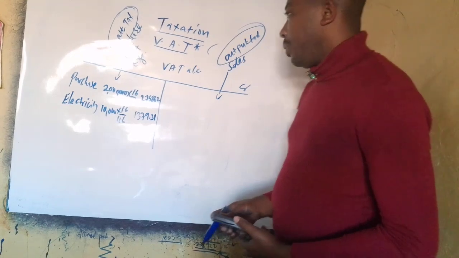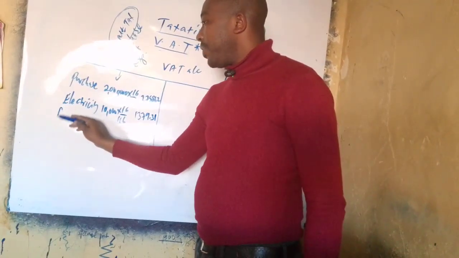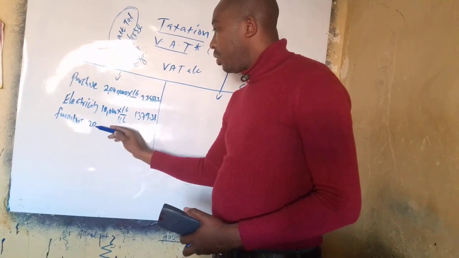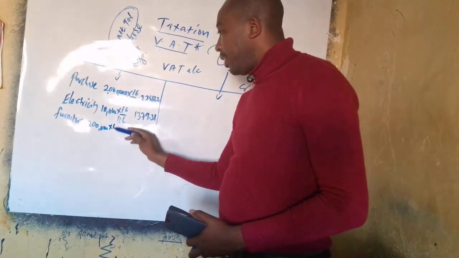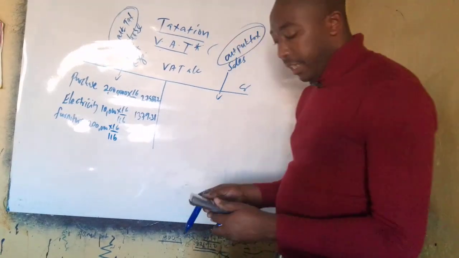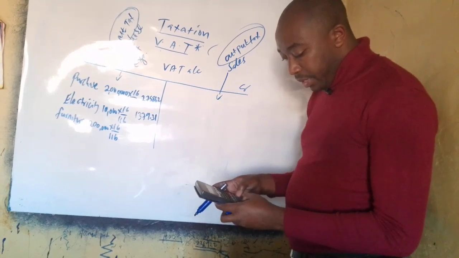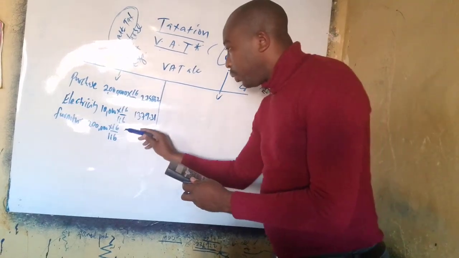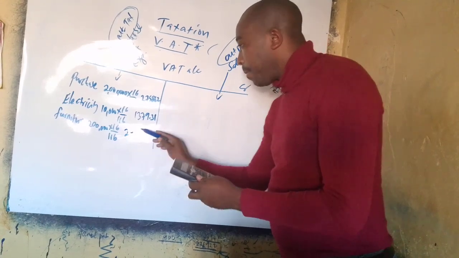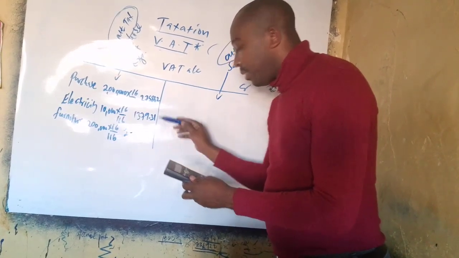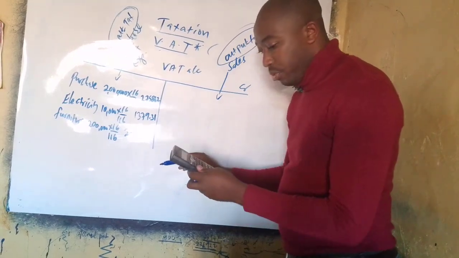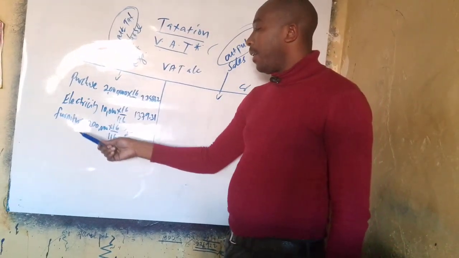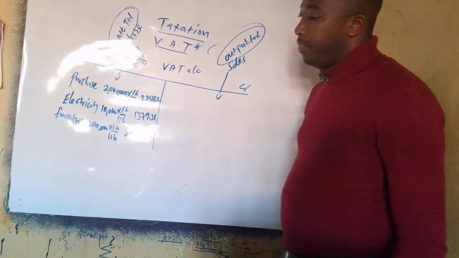Let's say we purchased furniture worth 200,000. We'll just come here and do it like that. So 200,000 times 16 over 116. We get 27,586.21. If I was given salaries, I cannot record salary here because we don't charge VAT to salary.